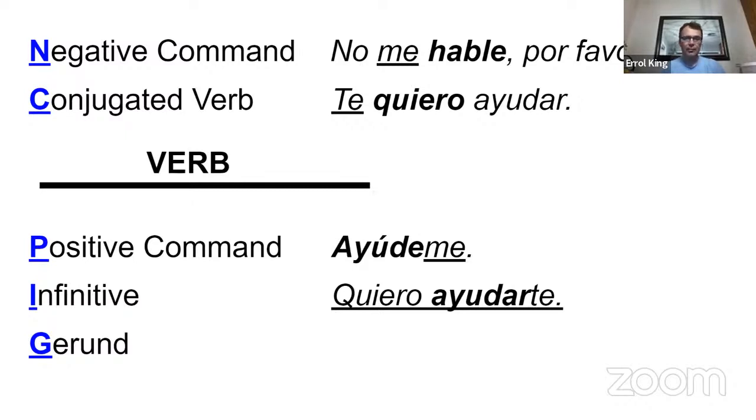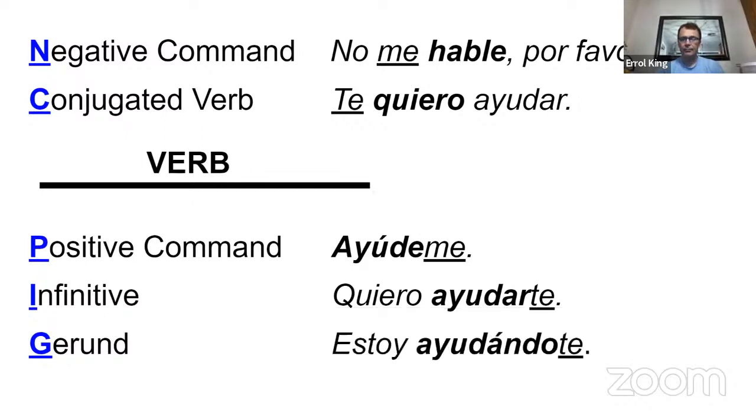And the last example we have here is a gerund. Estoy ayudándote. I am helping you.